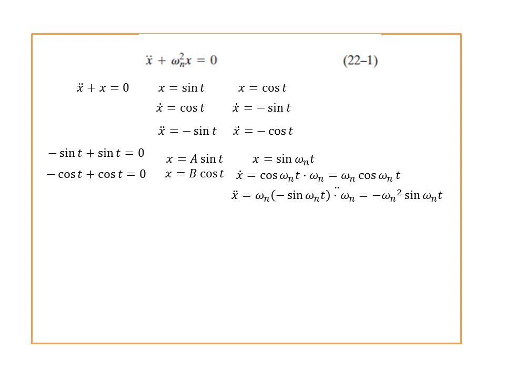And then the second derivative: the derivative of cosine is negative sine times the derivative of the angle, omega n. So it becomes negative omega n squared sine omega n t.